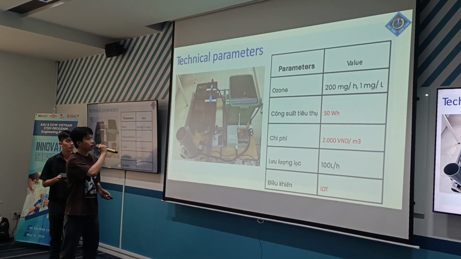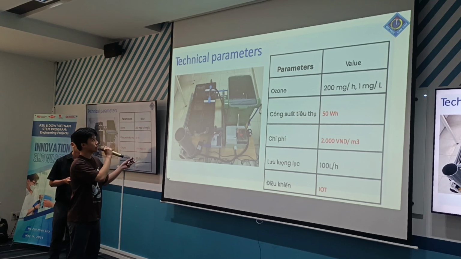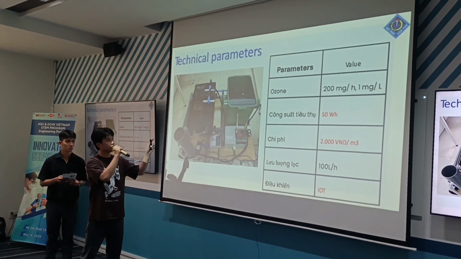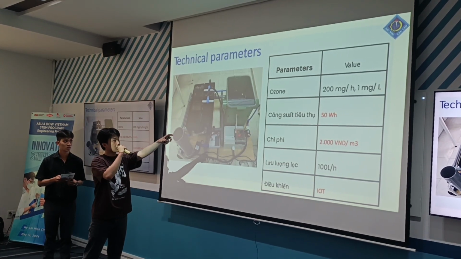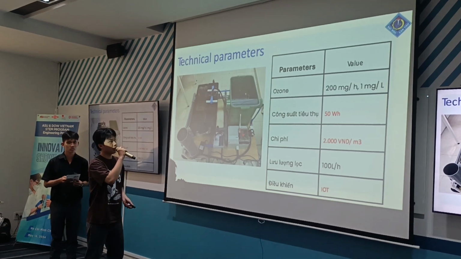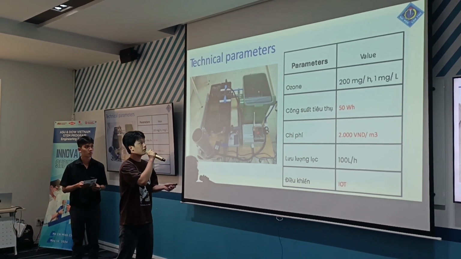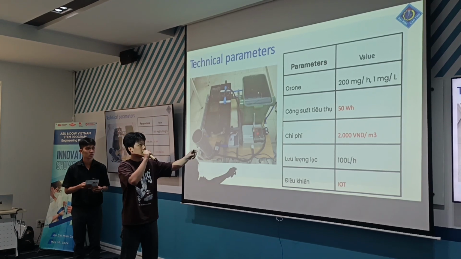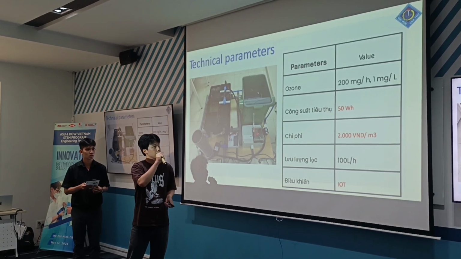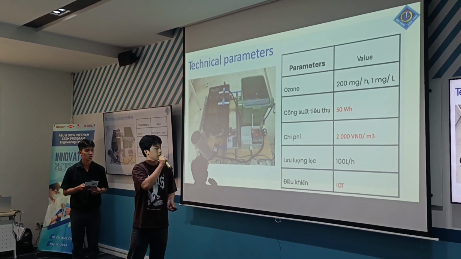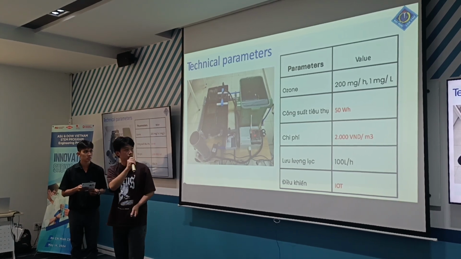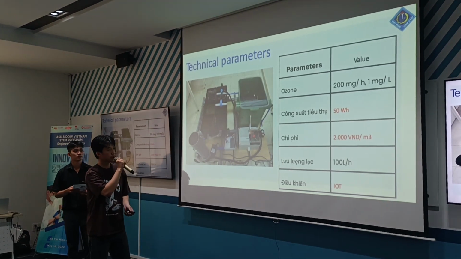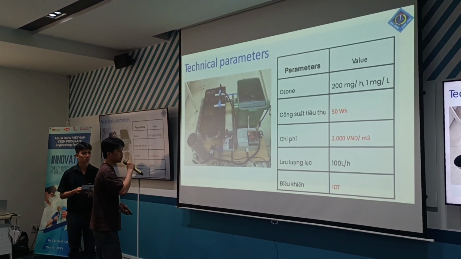For the technical parameters of our prototype, we can see that the ozone can collect 200 milligrams per hour and 1 milligram per liter, and the total voltage usage is around 50 watts. And for the cost, the total cost is 2,000 VND per meter cube of water, which is cheaper.